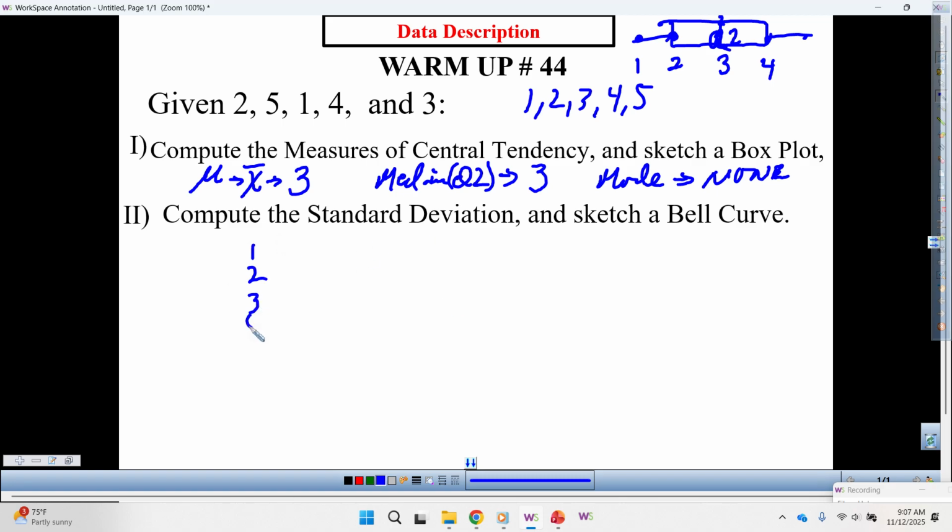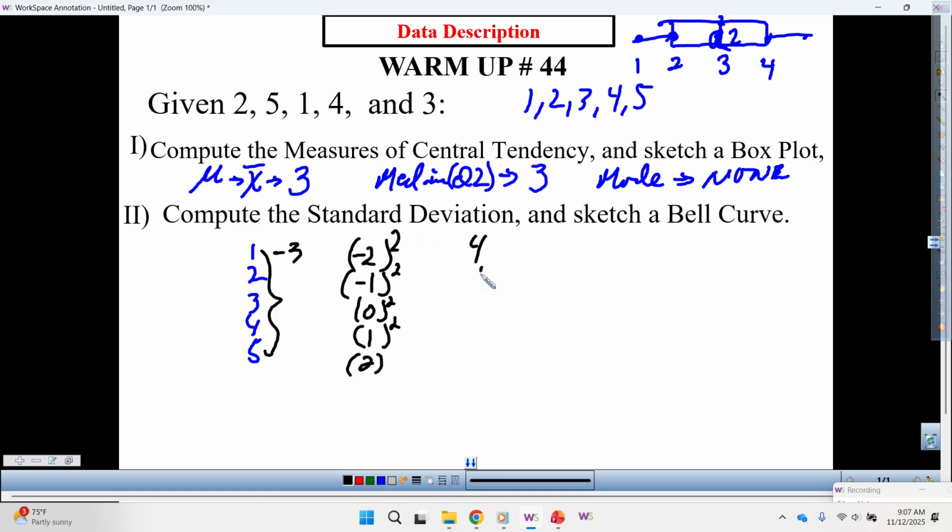1, 2, 3, 4, 5. The mean was 3, so we subtract 3 from all of these. So we get -2, -1, 0, 1, and 2. Square those. Now, mind you, these I know how to do in my head by now, which I'm assuming some of y'all do the same way.